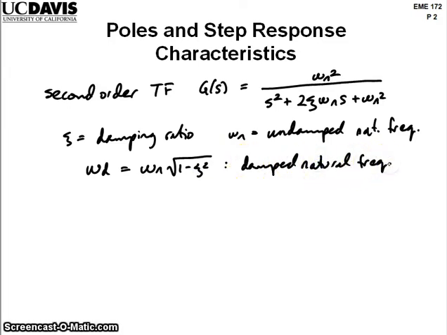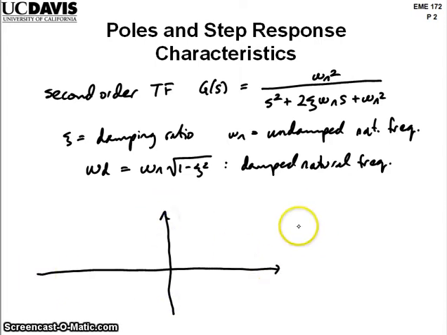I talked about the time response characteristics of these second-order systems and how they are related to the damping ratio zeta and the damped natural frequency omega d. So I'm just going to recap that a little bit. It turns out that the location of the second-order poles in the S-plane, here's the real part, and here's the imaginary part, j omega.